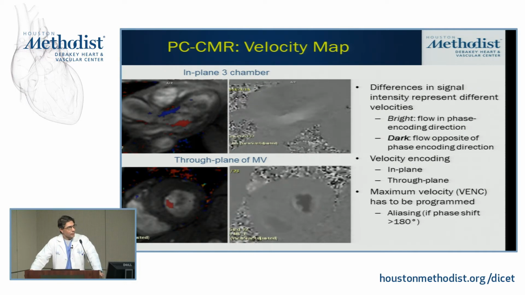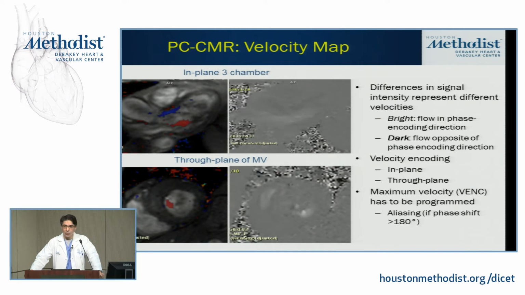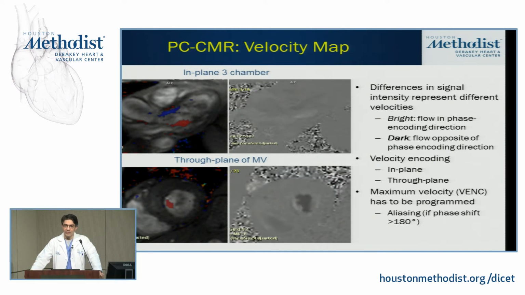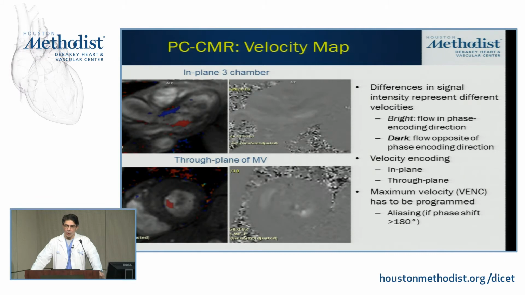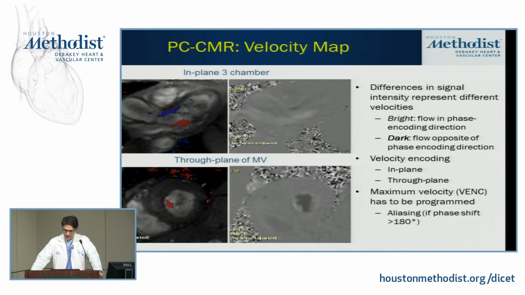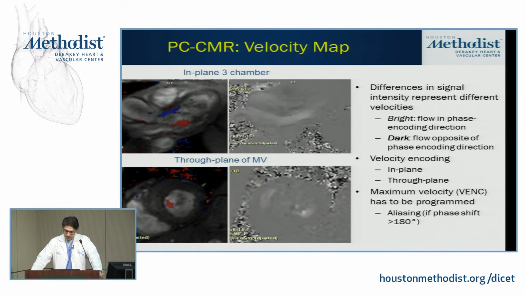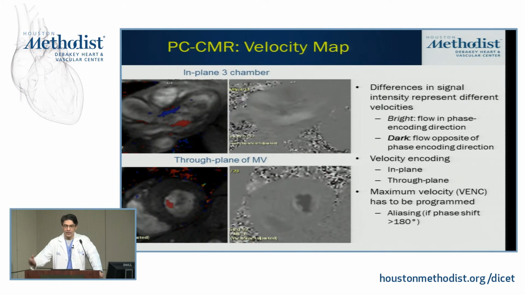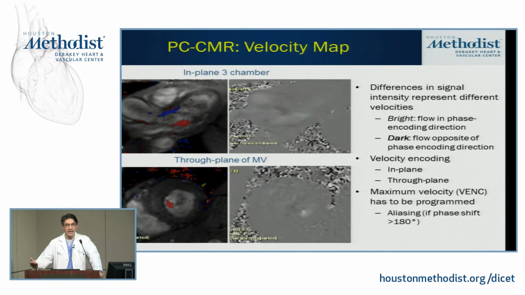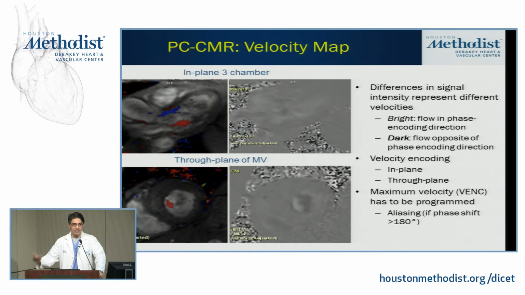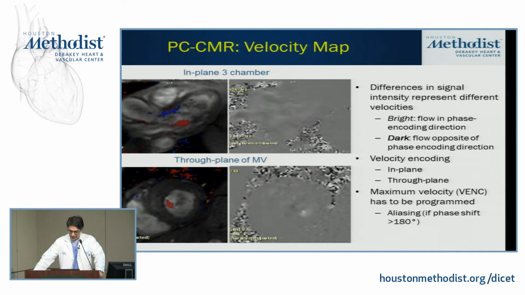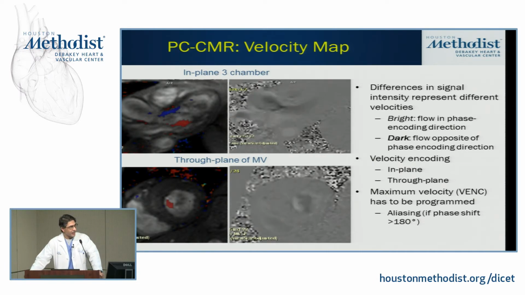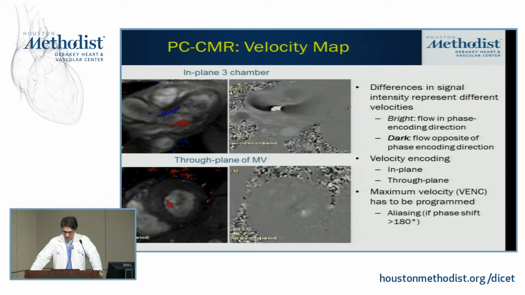In general, you encode the direction of flow that you want. So if you've created a field with, let's say, flow encoded head to foot, then any flow to the head would be white and any flow to the foot would be black. That's how we go about looking at these images.